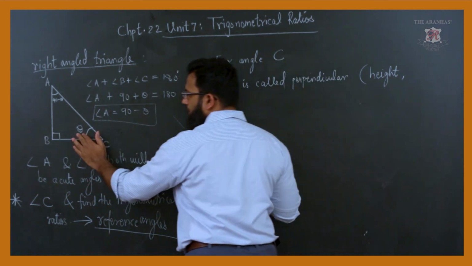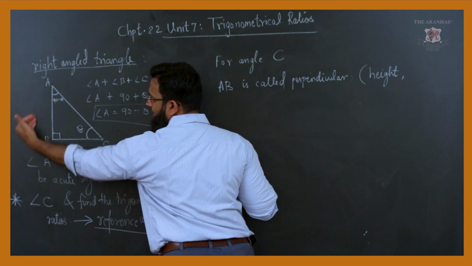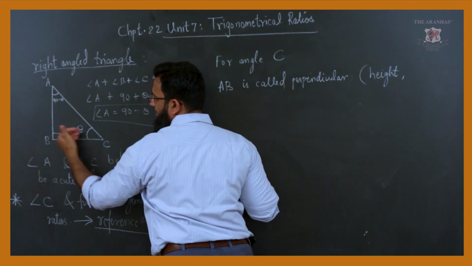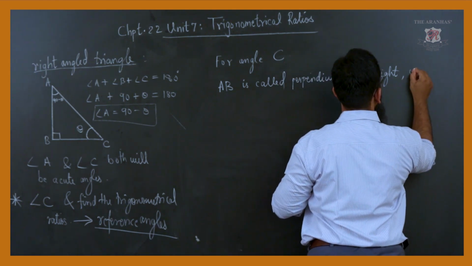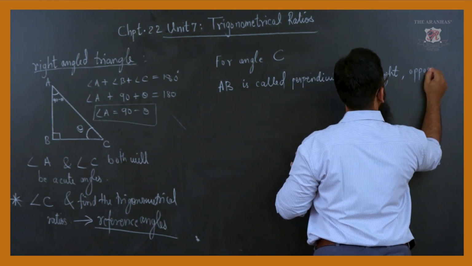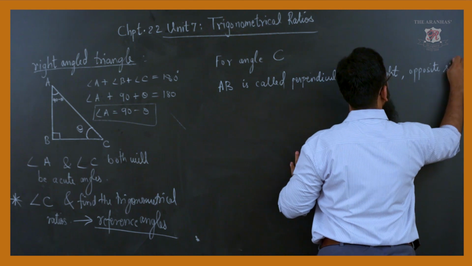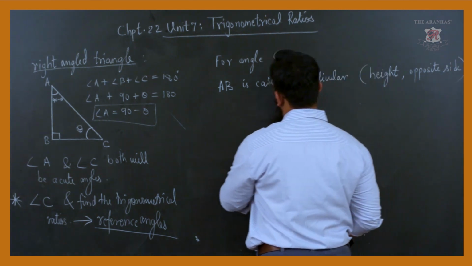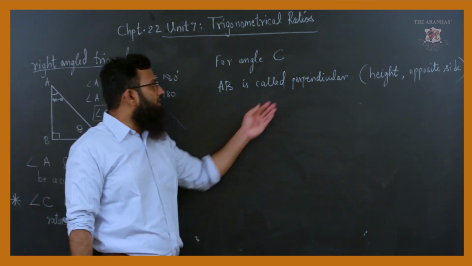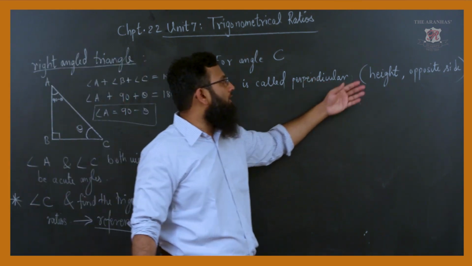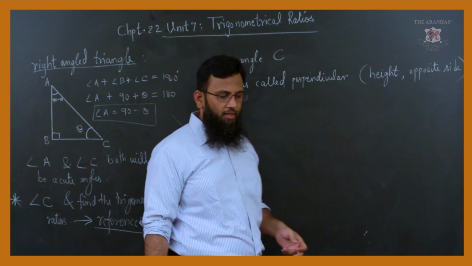Theta is here, so AB is opposite, it is facing angle theta oppositely. So AB can also be called the opposite side. So basically here in your syllabus, AB is called perpendicular, and the other names can also be height or opposite side.